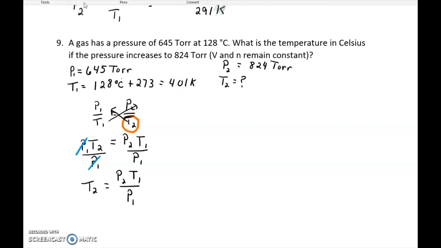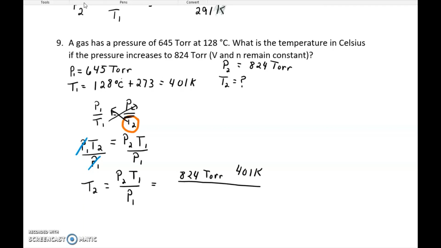And then we can just substitute in. P2 is 824 torr. T1 is 401 Kelvin.